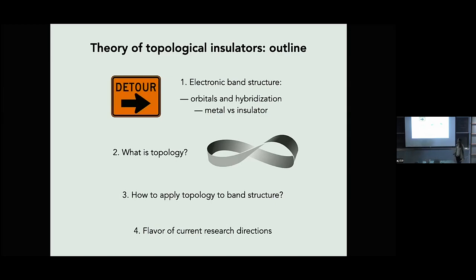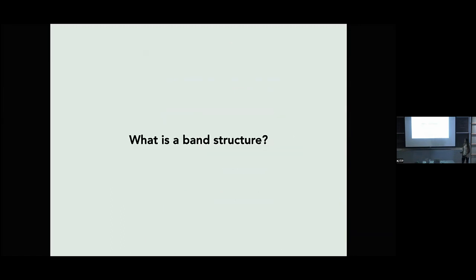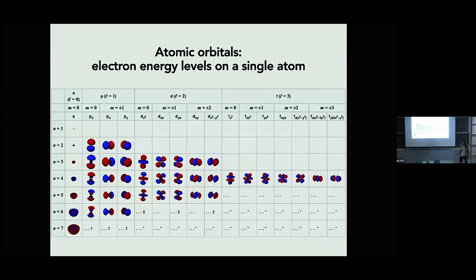Okay, so what is a band structure? Like I said, a band structure tells us about the energy levels of electrons in a crystal. But first, to understand that, we need to remember the energy levels of electrons on a single atom. Those are precisely the energy levels of atomic orbitals. We usually classify these by principal quantum number, which people call n, and then by their angular momentum, which is also called s, p, d, f orbitals.